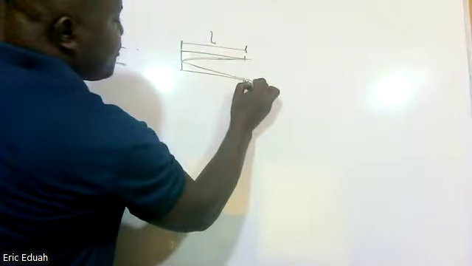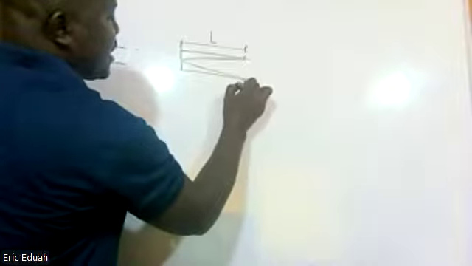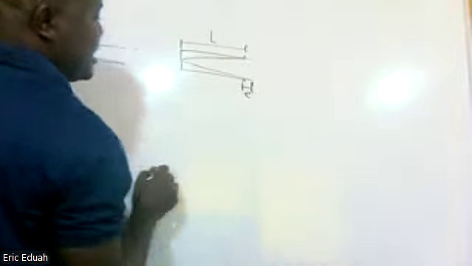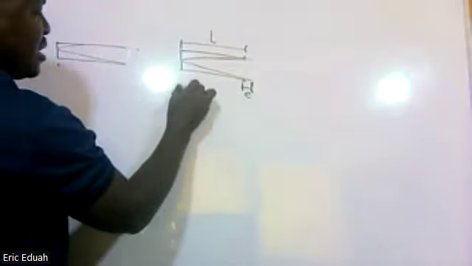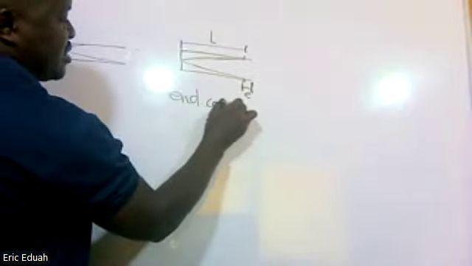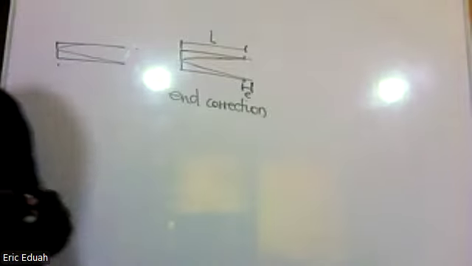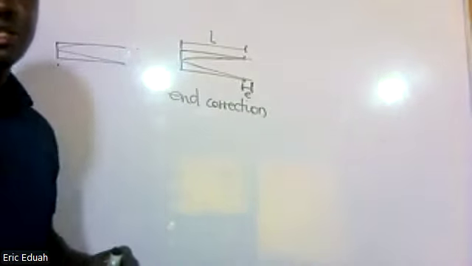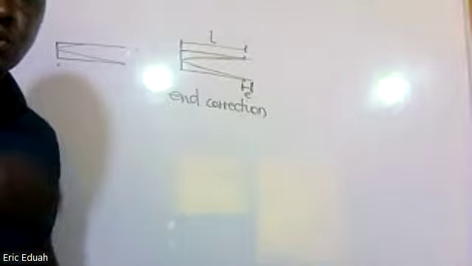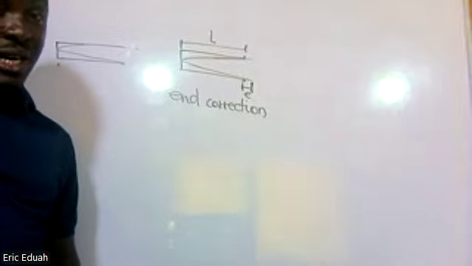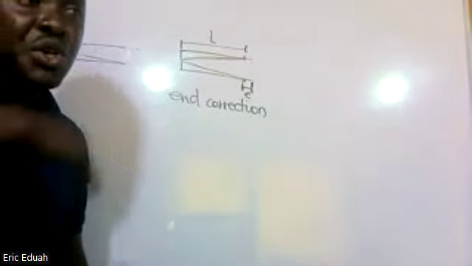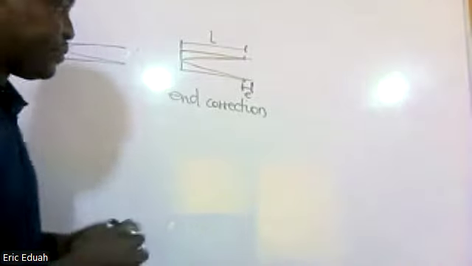That little difference is what we are calling end correction. So the end correction is the extension of the notes or of the stationary wave beyond the length of the tube.